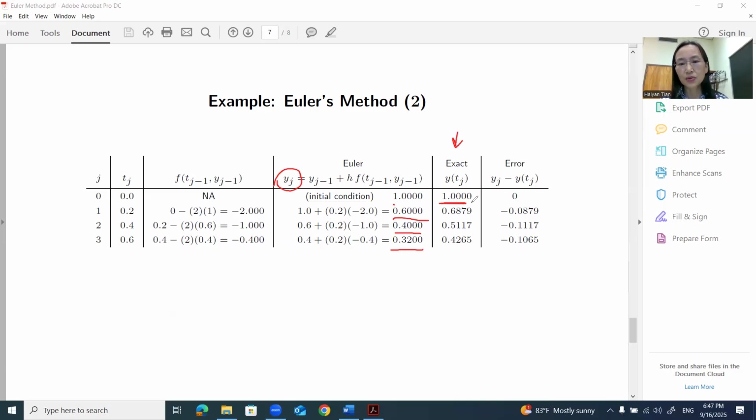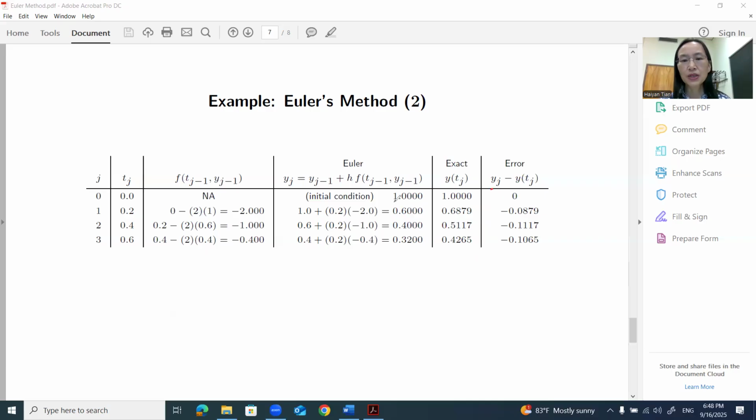So basically, that's the exact solution at 0, and then exact solution at 0.2, exact solution at 0.4, exact solution at 0.6, etc. So then we can do the difference.